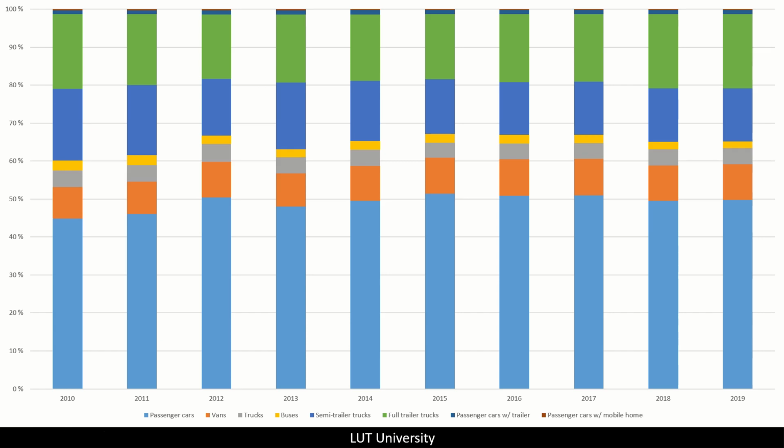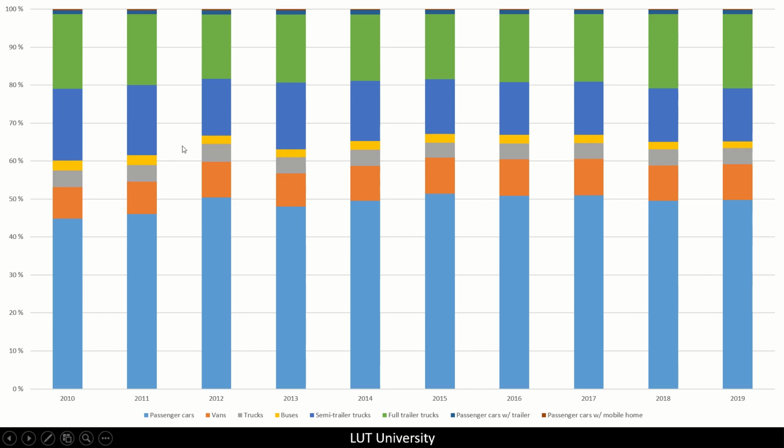So let's still go back to the dispersion of emissions. So these are the sources of CO2 equivalent, so greenhouse gases all together, and what are the main sources. Not surprisingly, the dominant vehicle type, the passenger cars, are responsible for most of the emissions throughout the years.